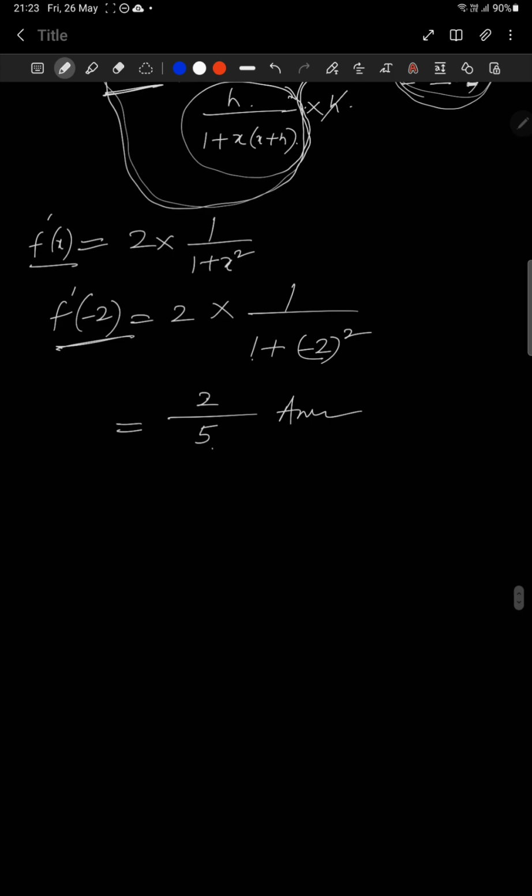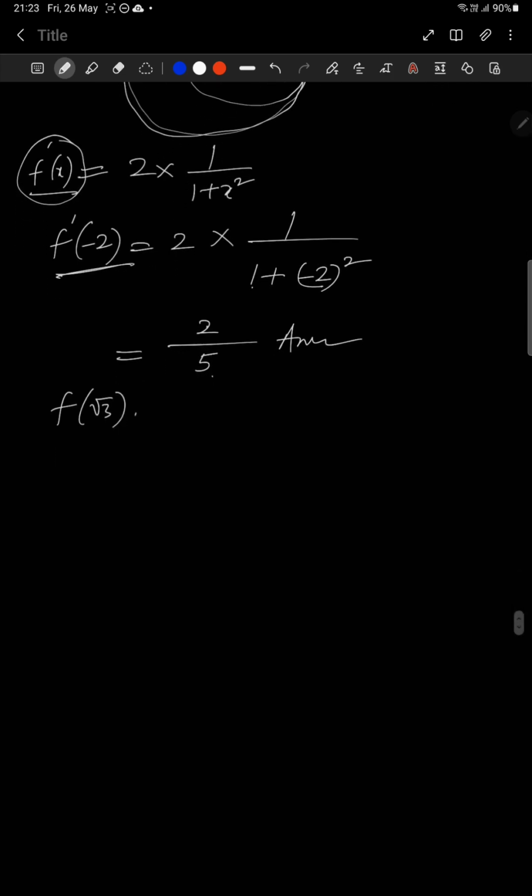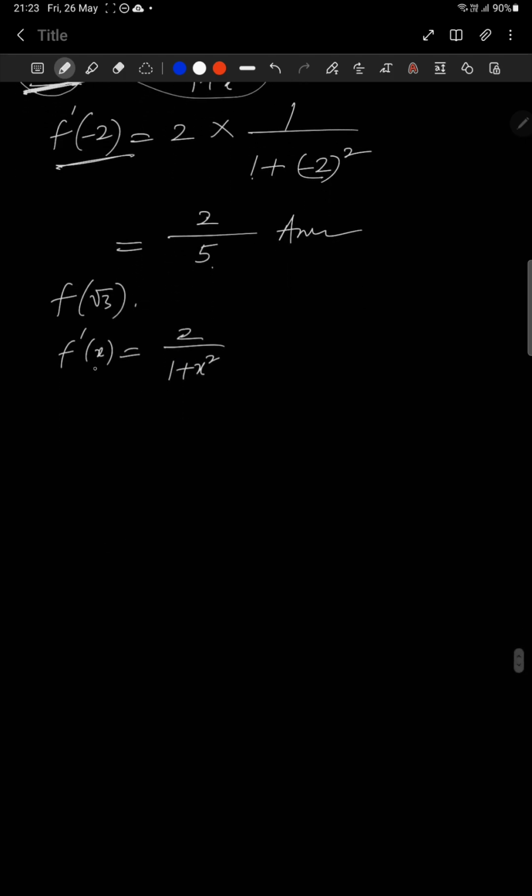Now in order to get the value of f root 3, in place of this f dash x we have to have f(x). So in order to get f(x) from this one, let us integrate both sides. So f dash x is equal to 2 divided by 1 plus x square, integrating both sides.